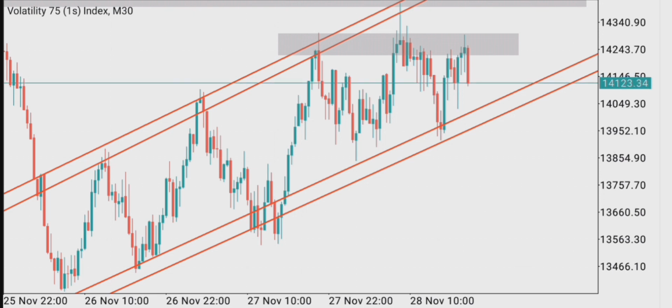That is it. So when I say I want to show you a rightful area where you will place your SL, it does not mean that if you place your SL at this particular point, you are not going to lose any trade. No, you are still going to lose if the market is not going in your direction.